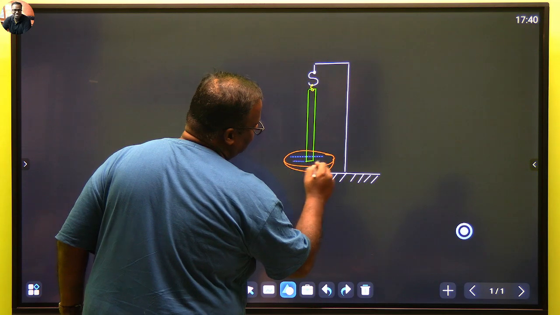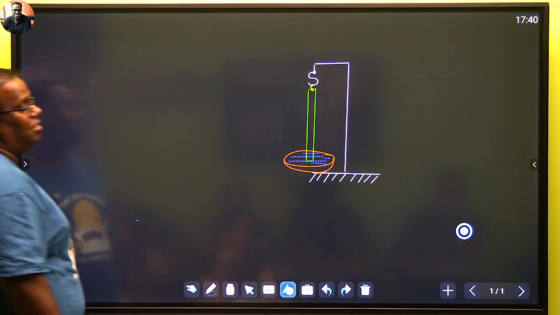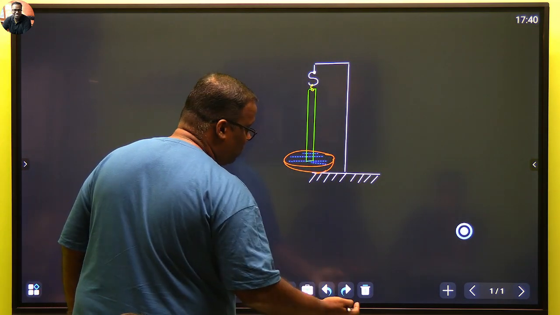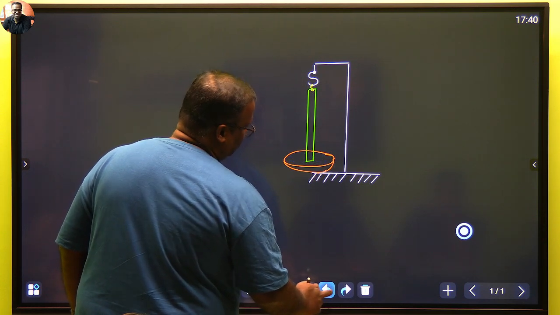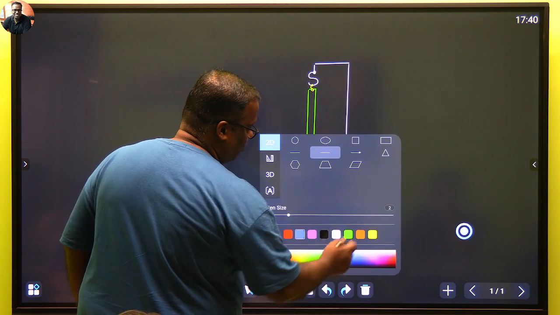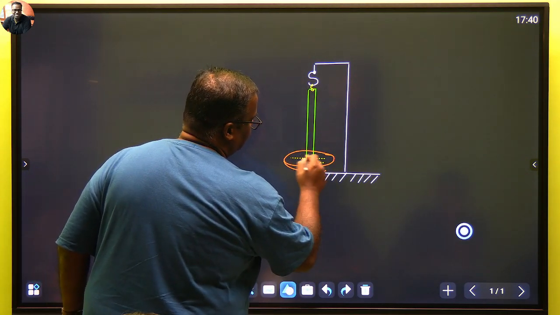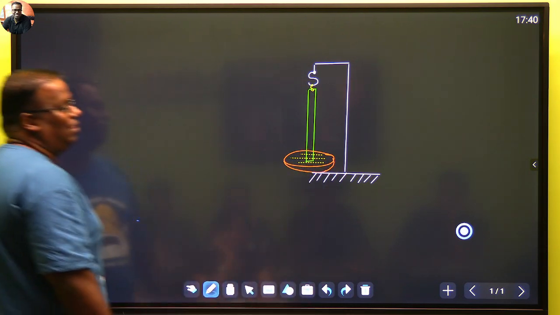Any idea? Why mercury? If you can't say even this, how will you answer competency based questions? Why mercury? Don't Google. Mercury is the only liquid which is a good conductor of electricity.